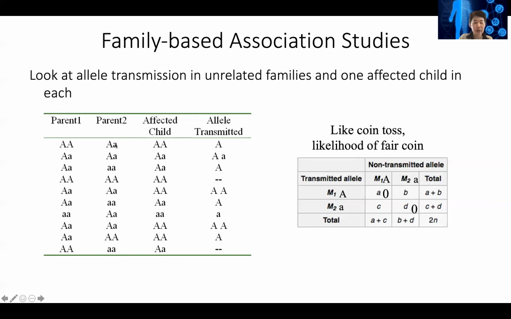What's the allele at the mother? And what's the allele in the child? And so this is one way of doing the family association study, which is to look at the affected child. So this is some trait, say the father and mother have this and this allele, and the child has, let's say, diabetes.